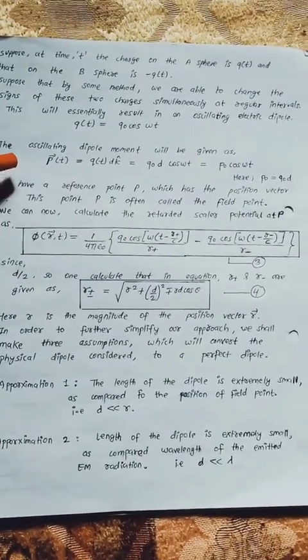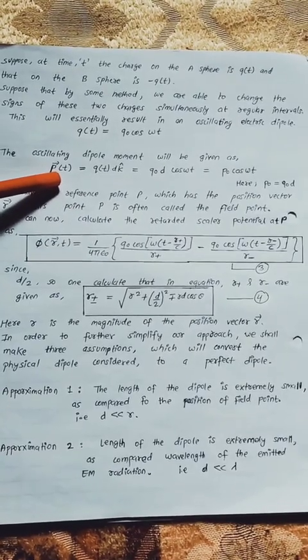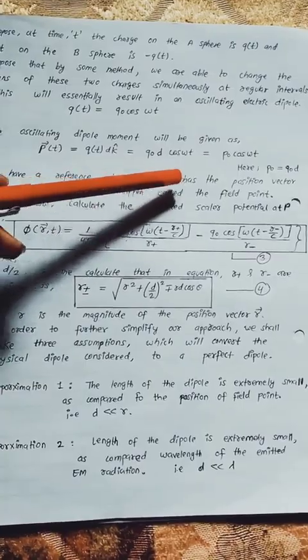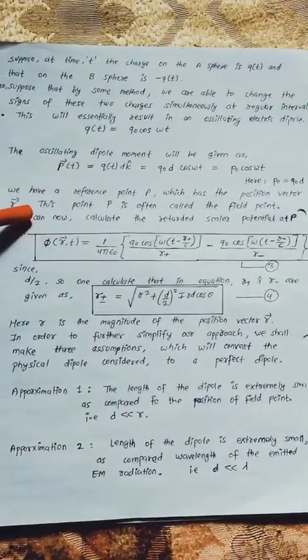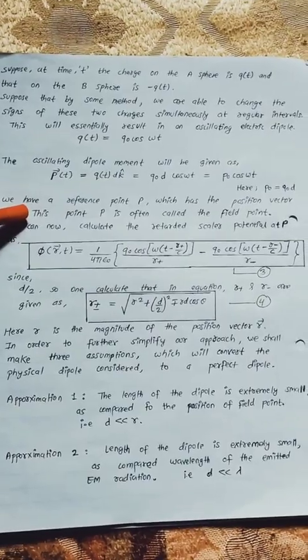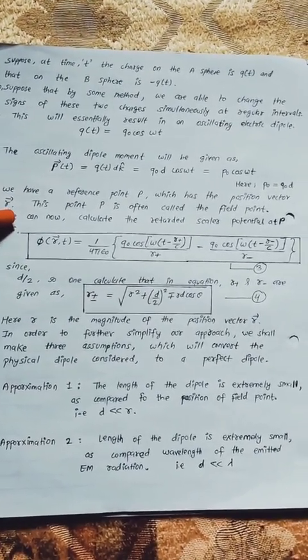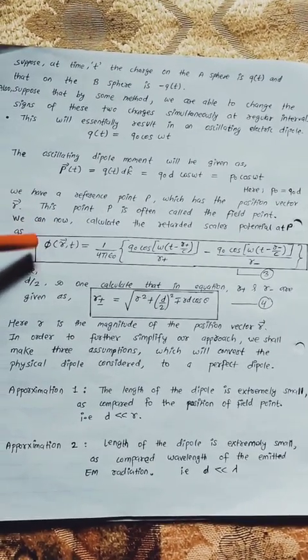The oscillating dipole moment will be given as p(t) equal to p naught cos of omega t. We have a reference point P which has the position vector r. This point P is often called the field point.